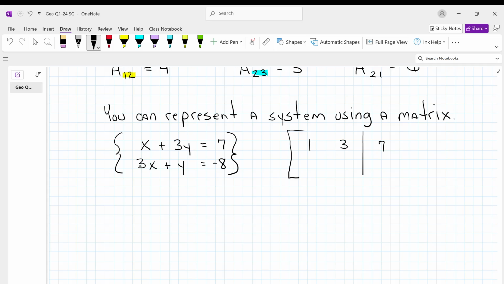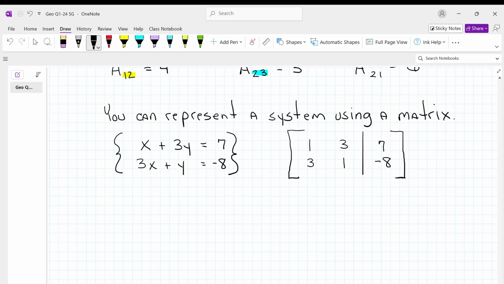We're going to represent 3x plus y equals negative 8 as 3, 1, negative 8, and close the bracket. On the left, we have a system of equations. On the right, we have a matrix representing that system.